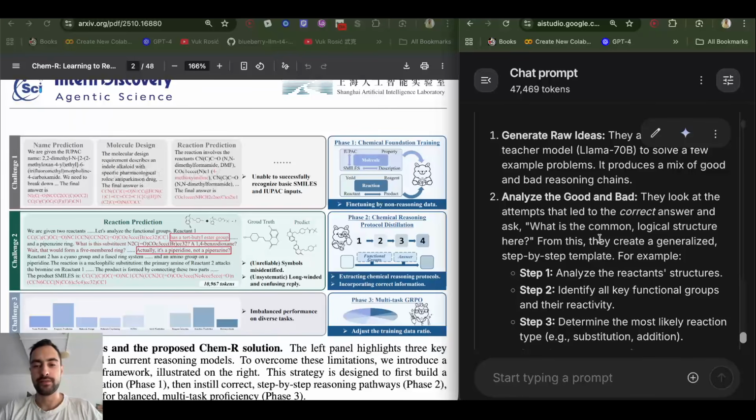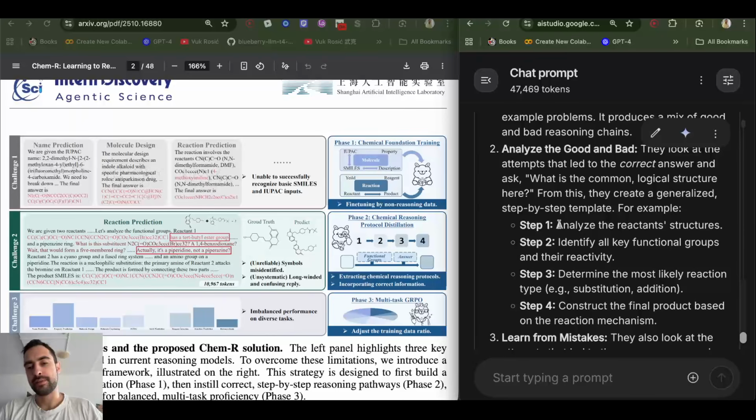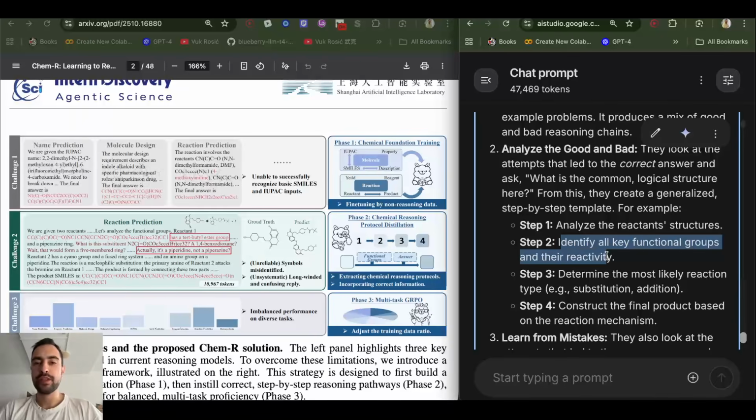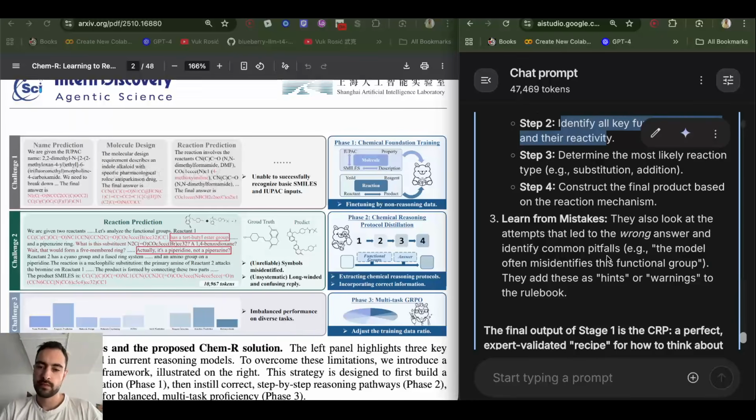Then they use that to create a rule set, a book of reasoning paths or types of reasoning. For example, step 1, analyze reactant structures. Step 2, identify all key functional groups and their reactivity. So they will pick reasoning paths that most often lead to correct answers. They also look at reasoning paths that resulted in a wrong answer and add those as hints.